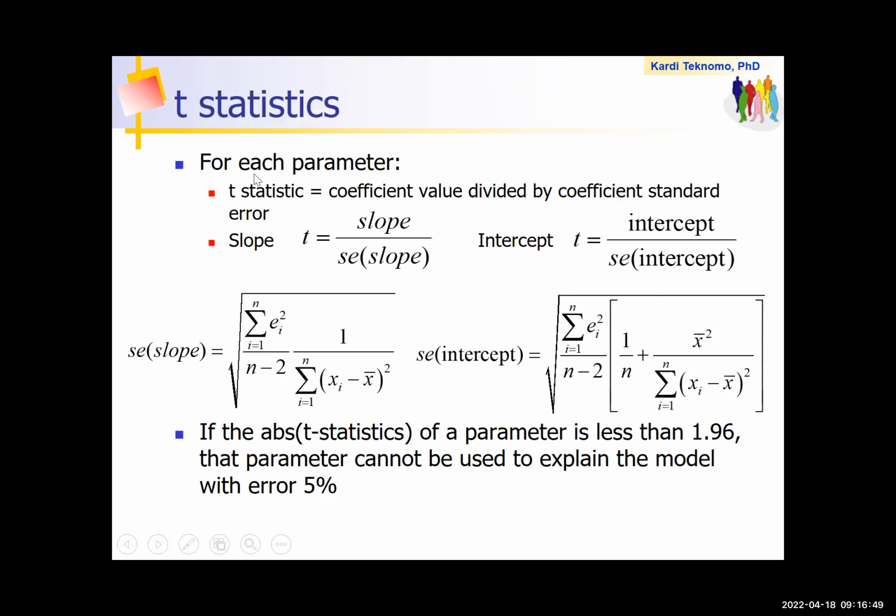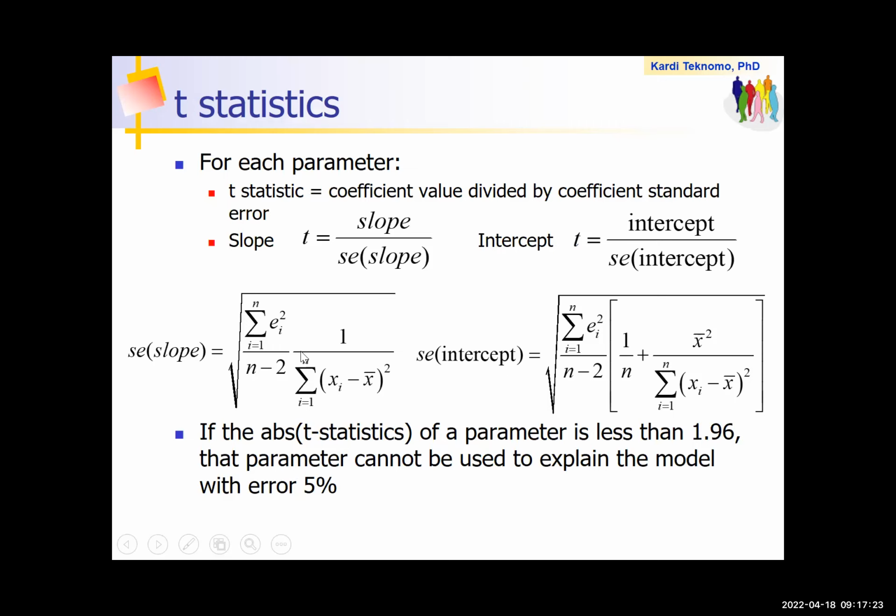To compute the t statistic, that is to compute for each parameter. That parameter includes the variables or the intercept. So this is to compute the t value for each variable and the intercept. Anyway, you already have software that can compute it.